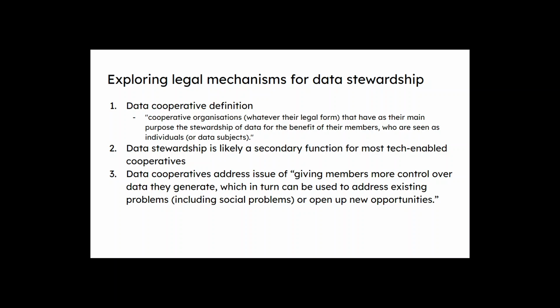Their primary goal is to run a Mastodon instance, while their secondary purpose is to manage the data from members on their instance. So you will see a lot of technical co-ops having to deal with data in one way or another, but for most, it wouldn't be their primary thing.